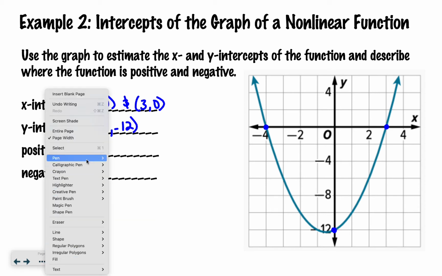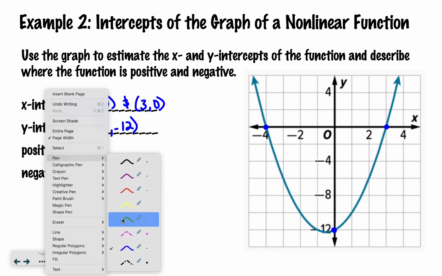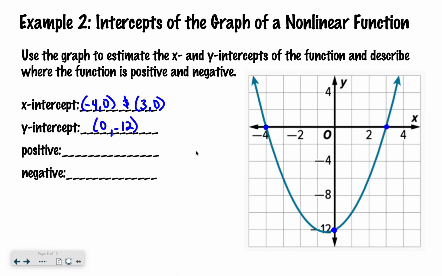And now this is where things start to get a little interesting, a little more complicated. We're talking about where is this graph positive? So you can see it's positive right here and right here. But notice those 2 sections don't touch each other, right? So we're going to have 2 different things. We would say these numbers right here, our x value is getting smaller, right?